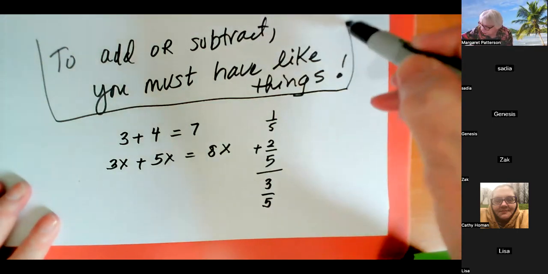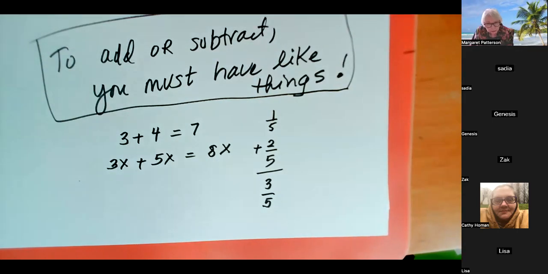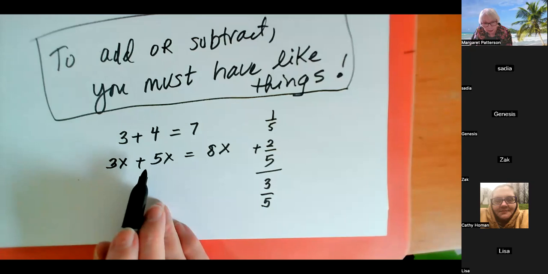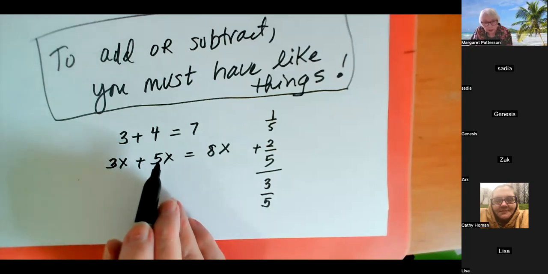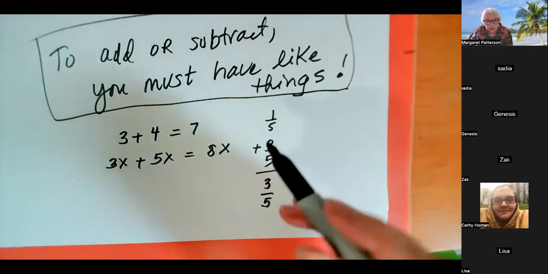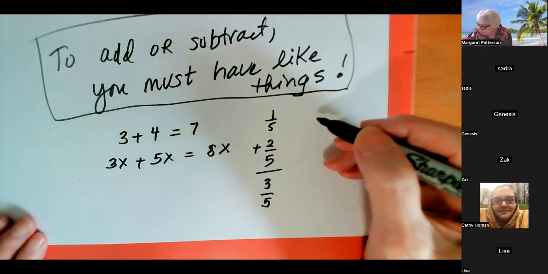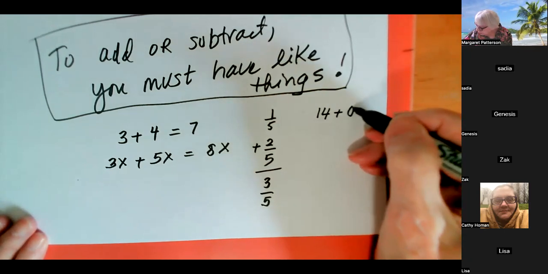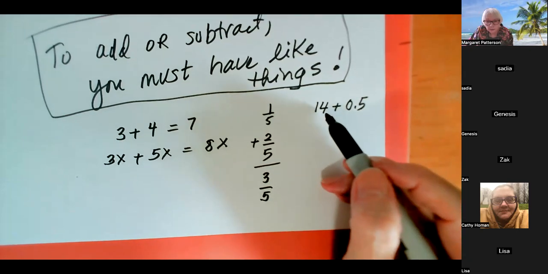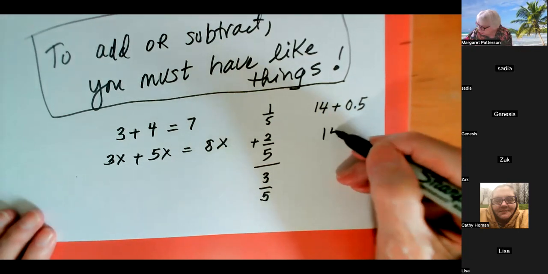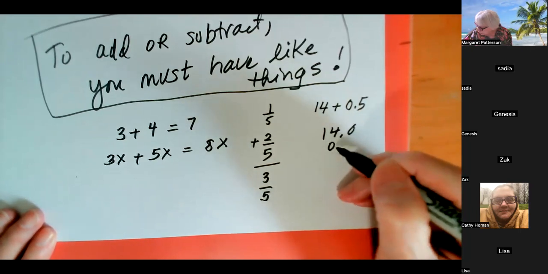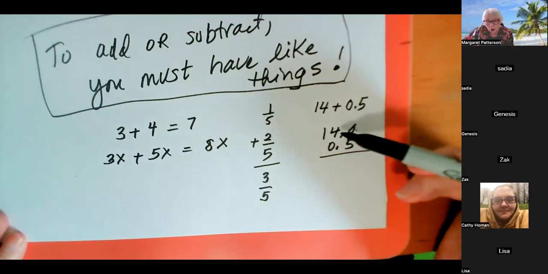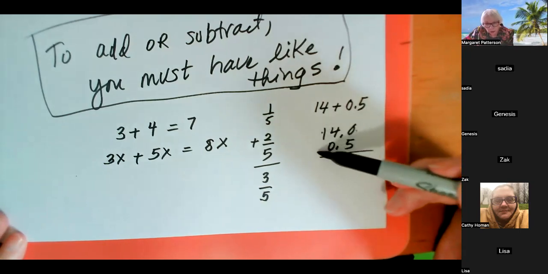This was so fundamental that it seemed like people forgot to mention it. But once you go into algebra, you have to accept this, that you add an x to an x. And so we already had to do this. The other thing, it had to do with fractions too. I can't add 14 and 0.5. I have to line them up. So I'm adding a 10th to a 10th, a whole number to a whole number, and so on.